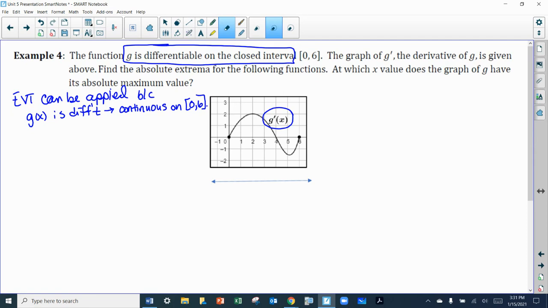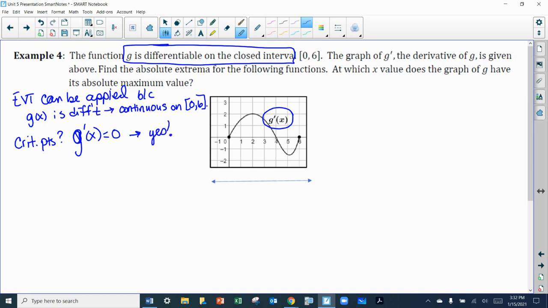So do I have any places? I'm going to take the same approach. Are there any critical points? Well, that's where g prime of x equals 0. My answer to this would be yes. Right here, that is where g prime of 4 equals 0.